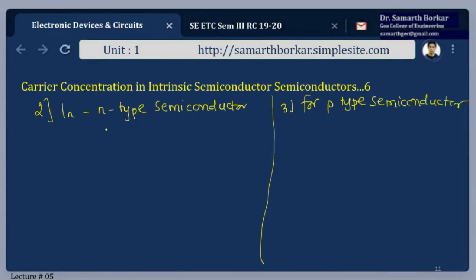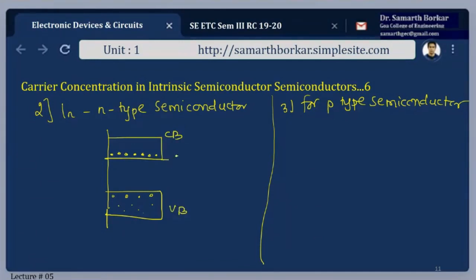So let me draw the structure again. Conduction band, valence band. Here there are electrons present right in the beginning, and some holes are created, and there are some electrons here. This is the conduction band, again a valence band.